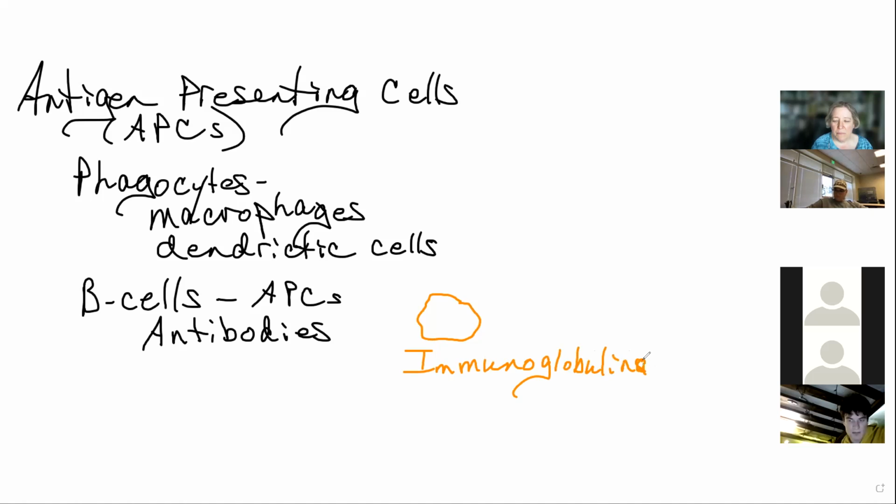Okay, which gets abbreviated as IG. Now, when we talk about the different classes of antibodies, IG is going to be seen in the abbreviations of those a lot, okay? And it's short for immunoglobulins.